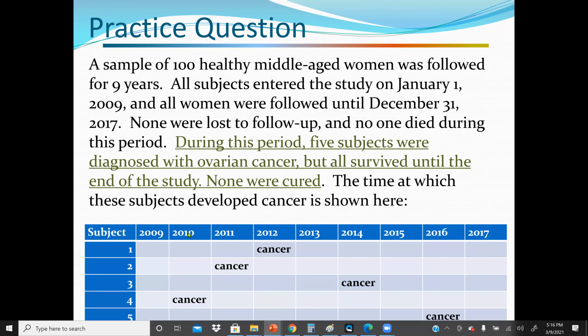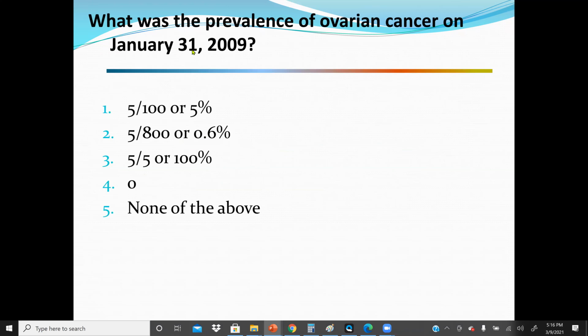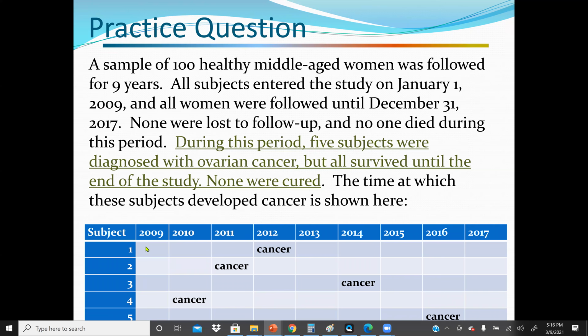I was thinking January 31st. Well, the sample of 100 started from January 1st, 2009. So here we are looking at January 31st, 2009. When we look at January 31st, 2009, there's no cancer. So it will be 0 over 100, which is 0.